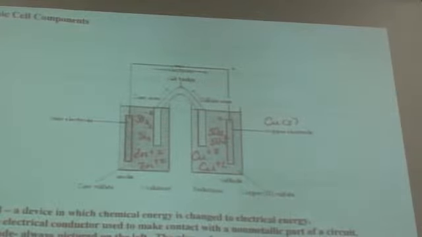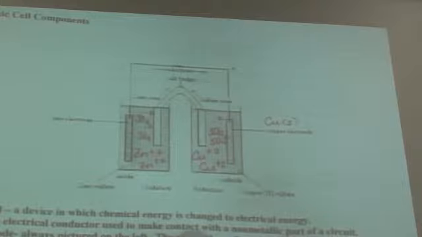So here are some memory hooks for you. An anode, I always picture it on the left. I'll always do that for you, but somebody will try to trick you up, so you need to be able to identify the anode by what's going on. At the anode, oxidation always occurs. An-ox.